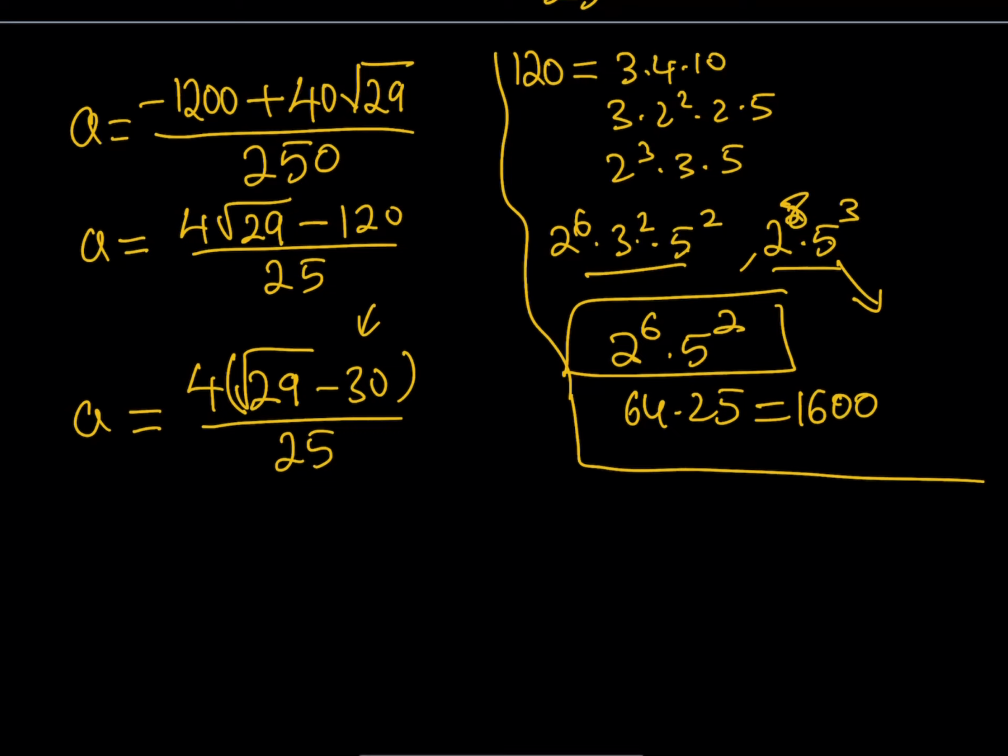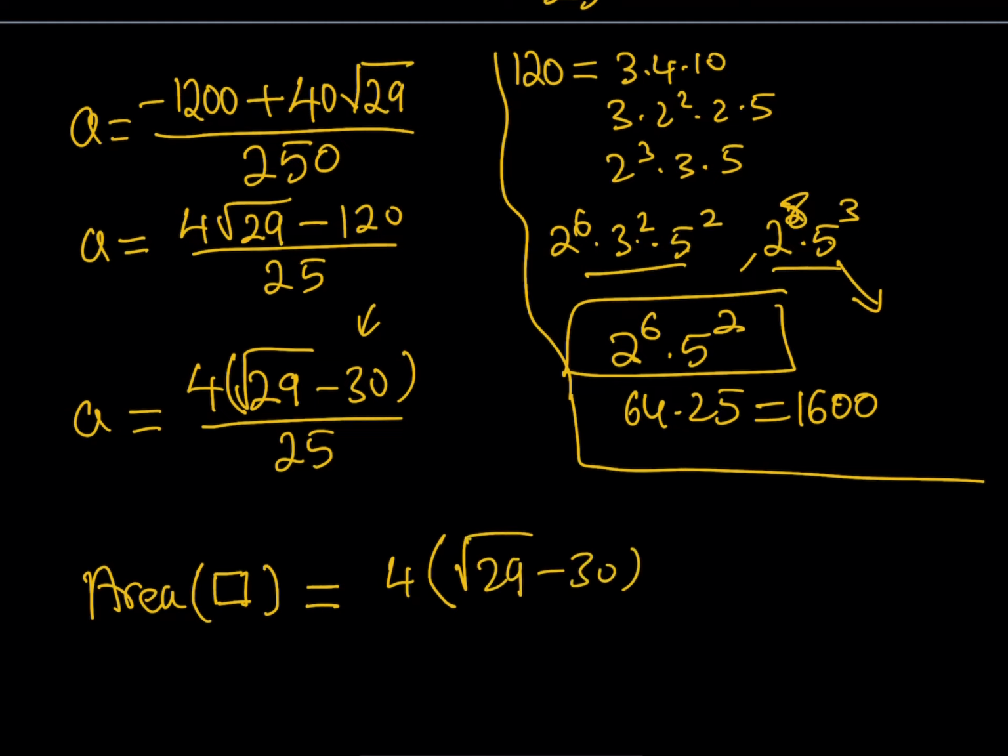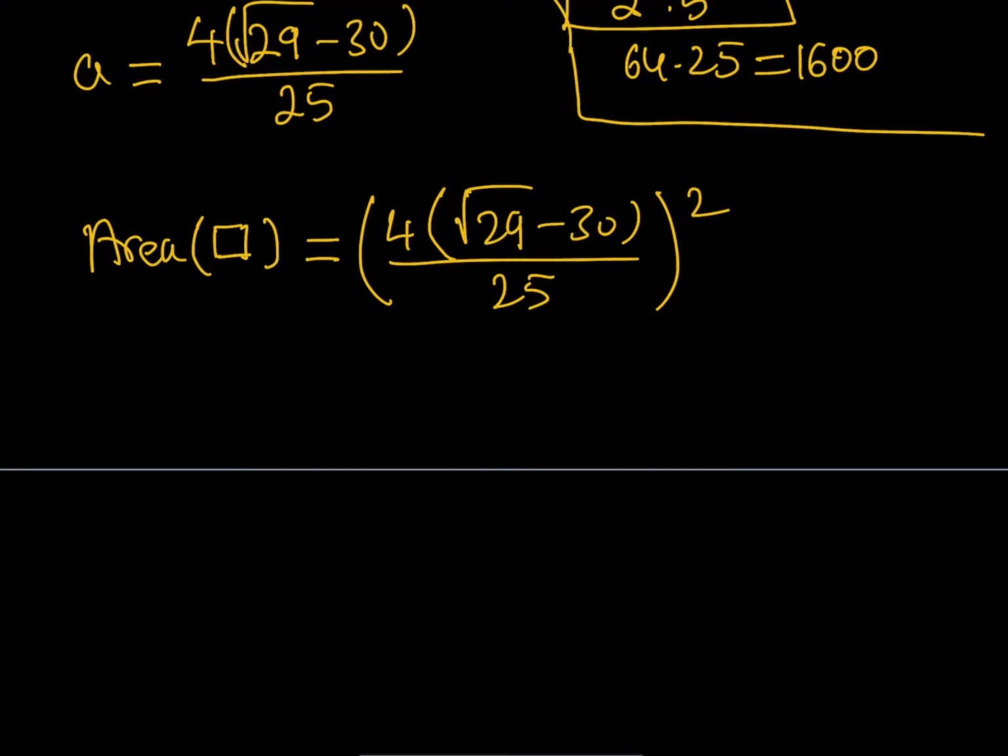Okay, cool. Now, I'm going to find the area of the smaller square, which is the tiny one, and that is equal to this guy squared here, 4 times the square root of 29 minus 30 divided by 25. And then I'm going to go ahead and square this. And when I square that, I should be getting something like this. 16 in the top.